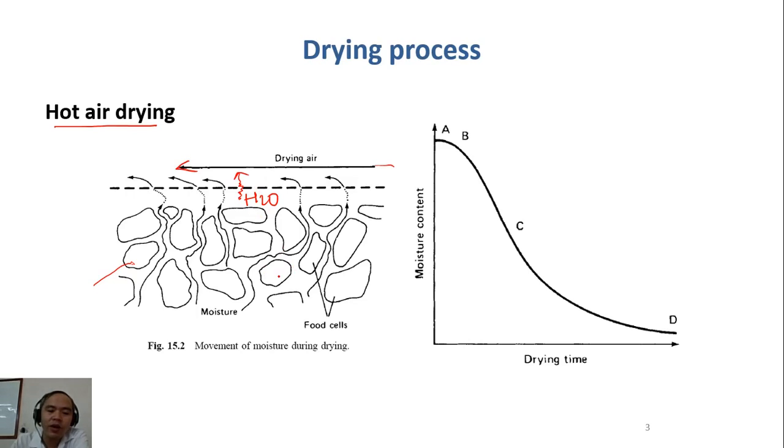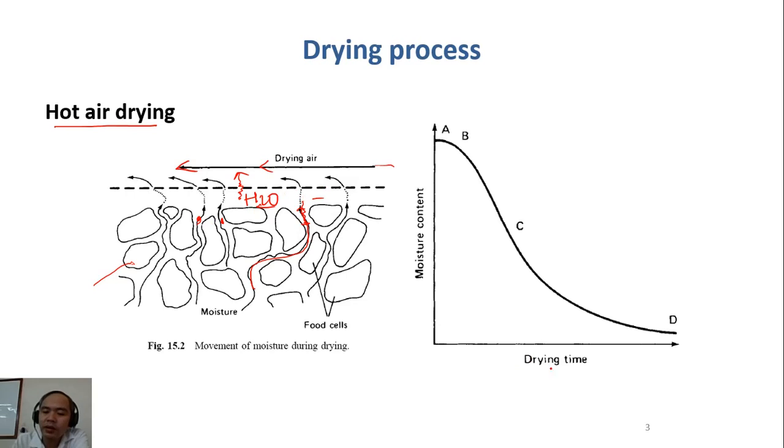After that, the water from inside the food will migrate to the surface and also evaporate. Evaporation means conversion from liquid water into vapor, which is then taken up by the air, and the food gets drier and drier. So the water can evaporate on the surface, but can also evaporate somewhere inside, and then migrate outside.